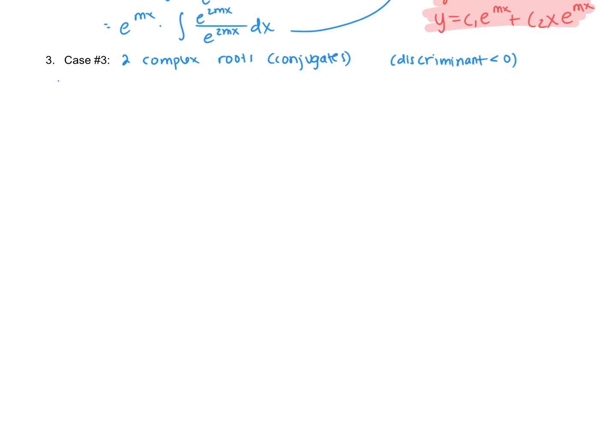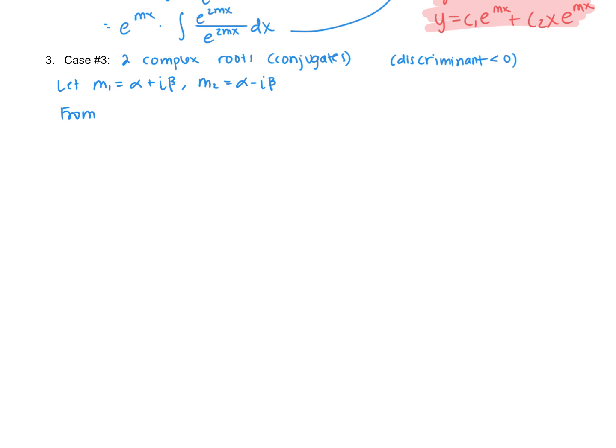Okay, so in this case, we're going to let our first root be alpha add i times beta, which means our second root is alpha subtract i times beta, because we know that they're complex and they're conjugates.